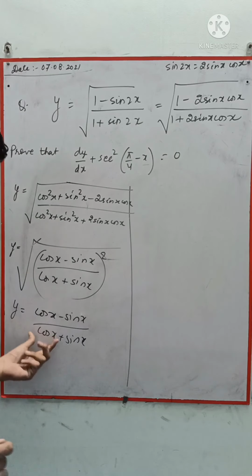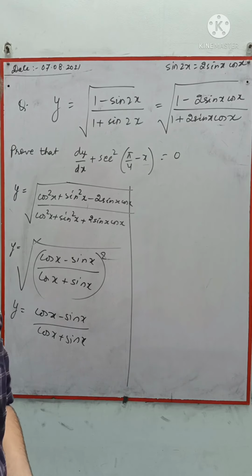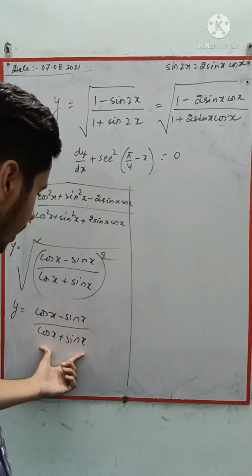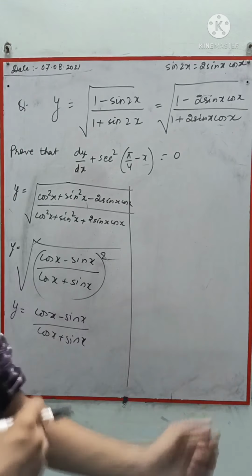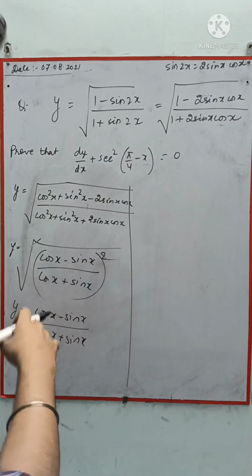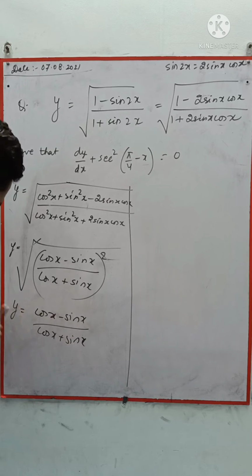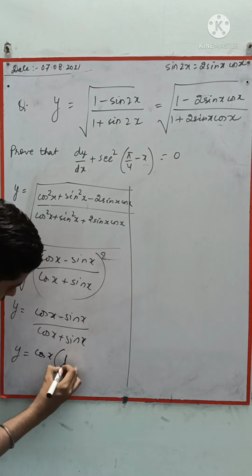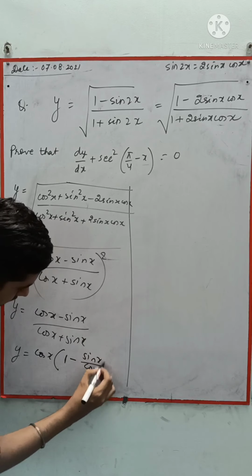Now after this, in 11th class or in the inverse trigonometric functions, we have seen such type of questions. You can mold it into the identity of tan a plus b or a minus b, whatever the situation is. So what we do, you take cos x common. So here 1 minus sin x upon cos x.